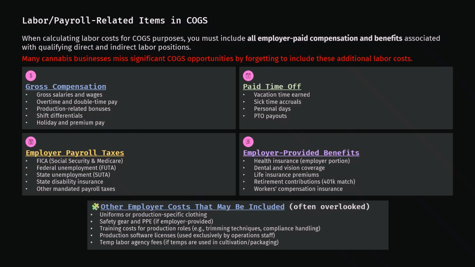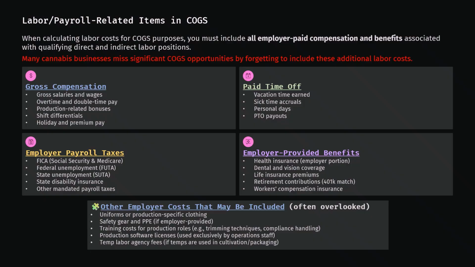Then you've got your paid time off, which is sick time, vacation time, personal days. Here's one that gets overlooked. If an employee is normally working in a COGS eligible role, say packaging tech, and they take a paid sick day, that time is still considered part of their labor cost and can be allocated to COGS based on their normal function.